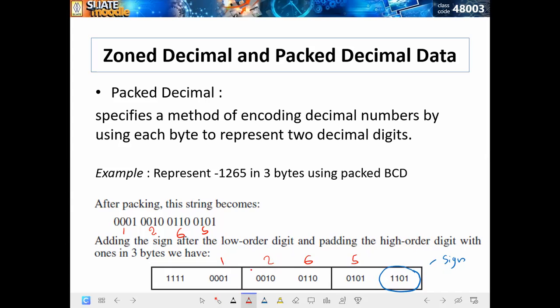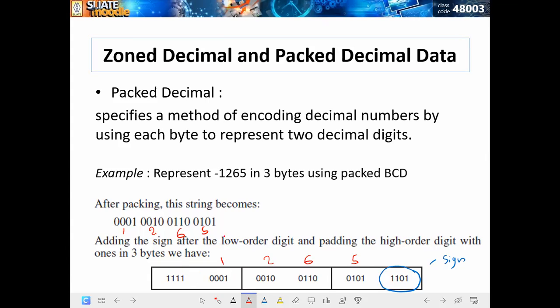Because we are going to use 3 bytes, this block becomes unused, so we are going to fill it with this 1111. Here there is a place where an unsigned value is needed. Why is this unsigned value 1111 needed here? Because the sign has been given here, so this block can't be left empty.